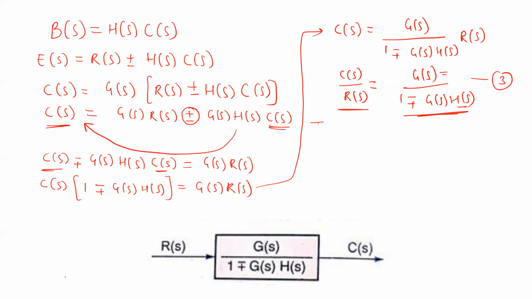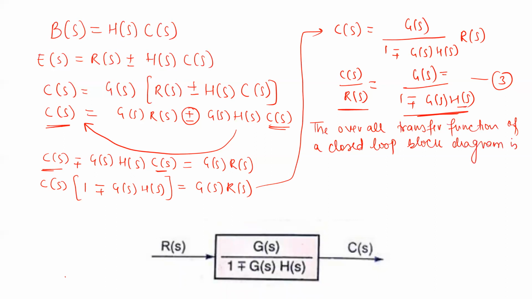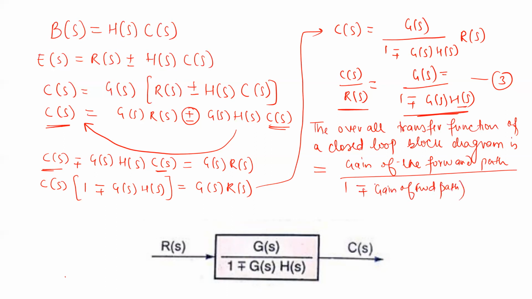So we can write the overall transfer function of the closed loop block diagram as the gain of the forward path divided by 1 minus plus the gain of the forward path into the gain of the feedback path.